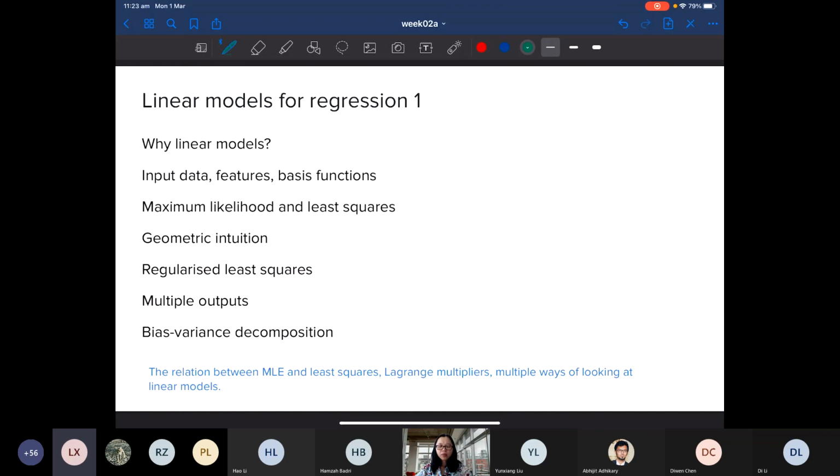We talked about representing input data as basis functions. We talked about maximum likelihood that is essentially the same estimate as least squares. We talked about how to think about it in vector space and regularized least squares. And we spent some time talking about bias and variance decomposition. So that's today.